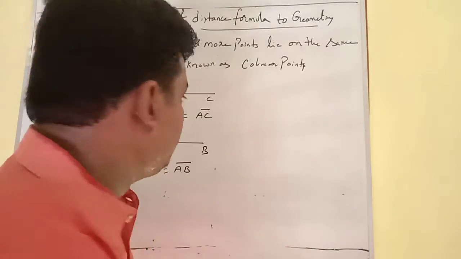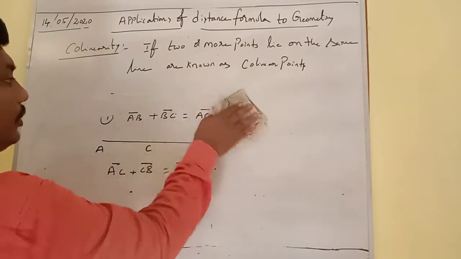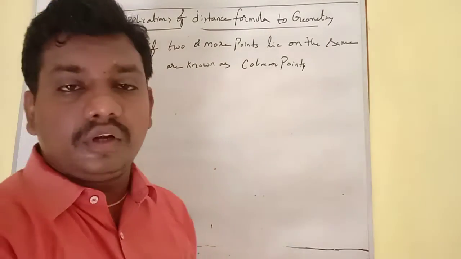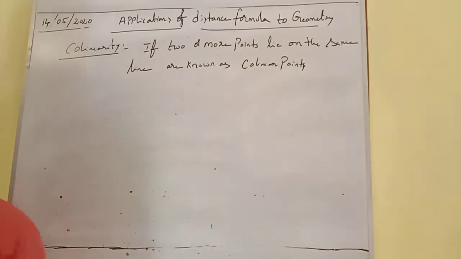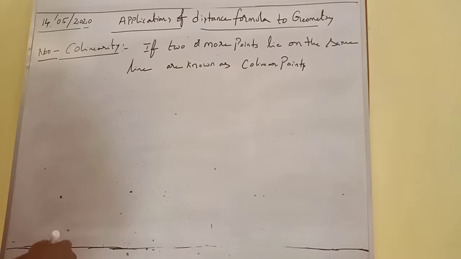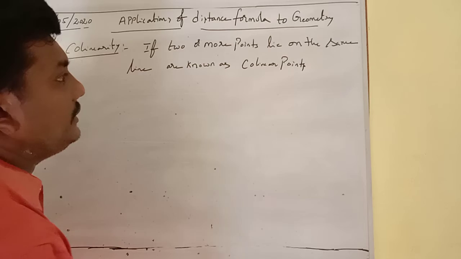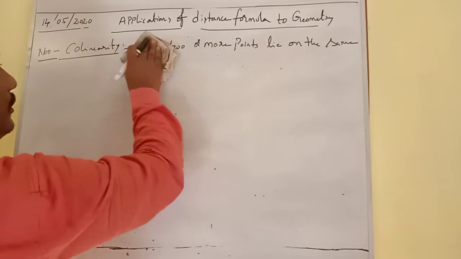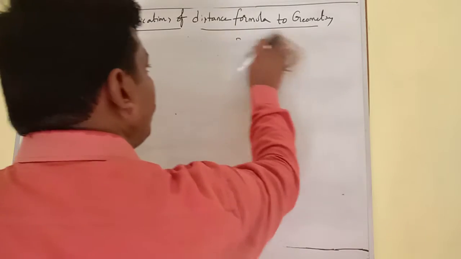Now, in the case of non-collinearity, how is it? Non-collinear points. If three points A, B, C are non-collinear, what happens now?